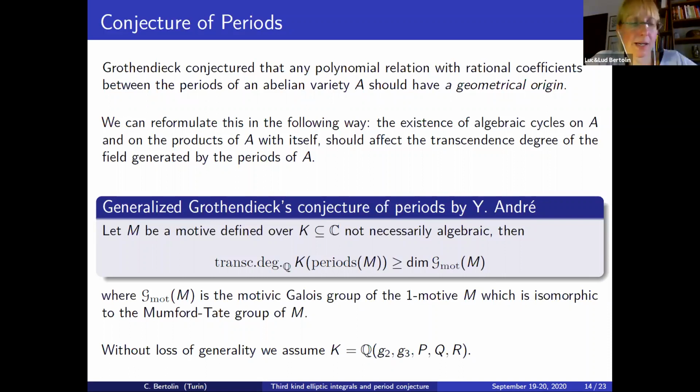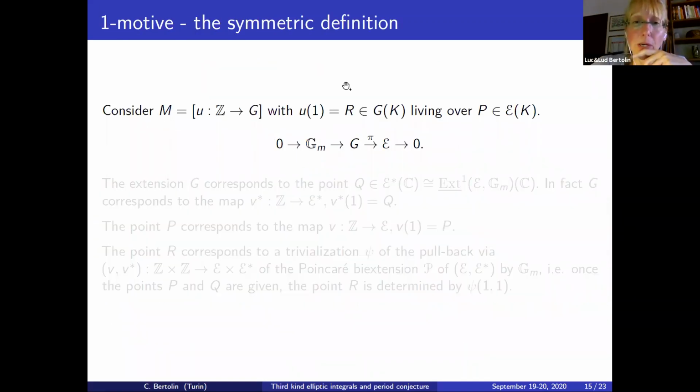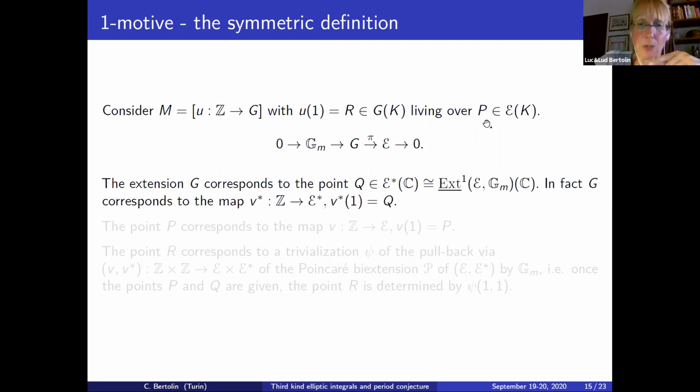So there is a more symmetric definition of the 1-motive. I recall that the 1-motive is an extension G of E by G_m, and then we fix a point R on G, whose projection on the elliptic curve is our P. As we have seen, the extension G is parameterized by a point Q. In fact, this point Q is just an arrow from Z to E star, which sends 1 to Q. So to have Q is the same thing as to have V star.